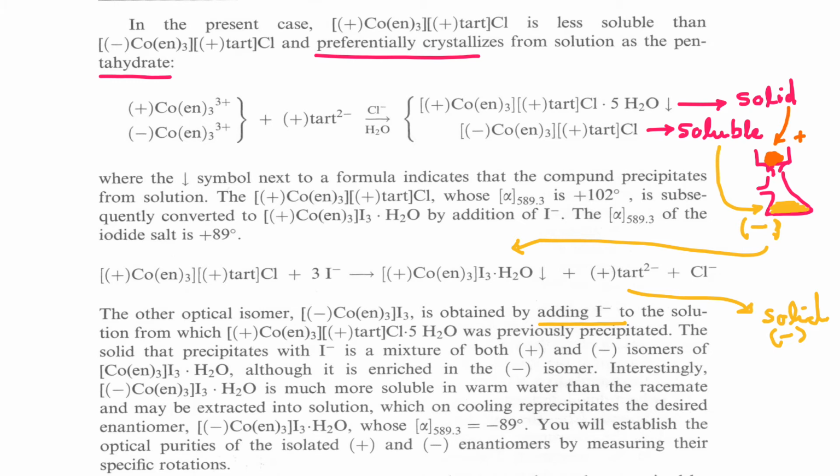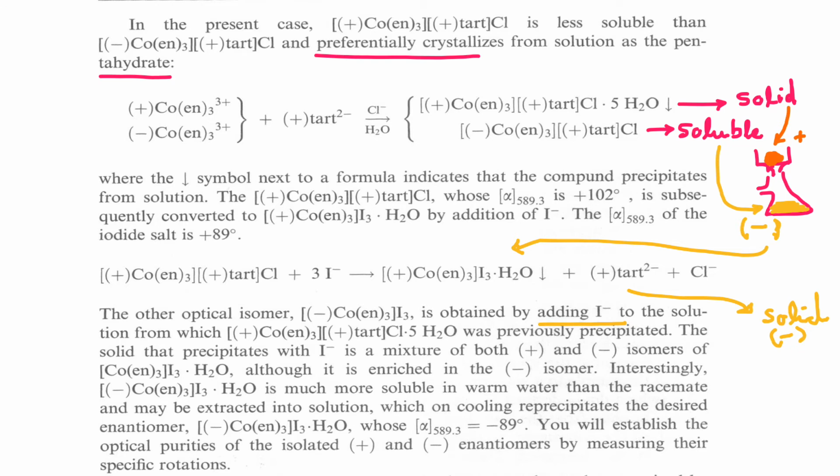So you take the solution, add iodide, and precipitate the minus isomer with iodide. Also, at a later stage, you convert the plus isomer plus tartrate to the iodide salt.